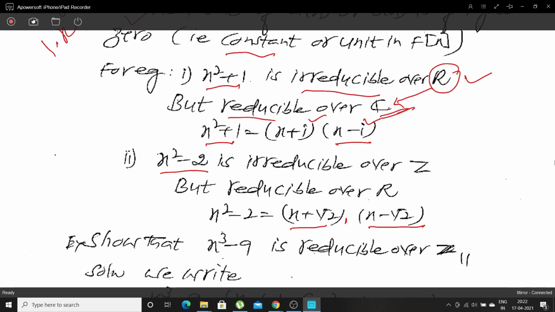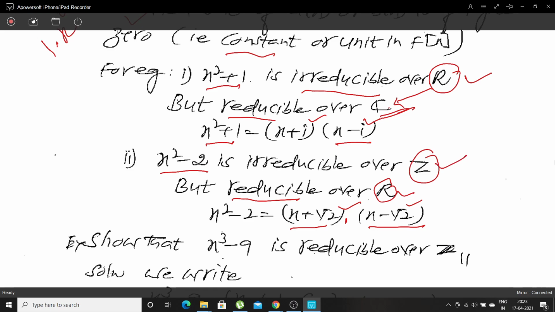Root 2 is what? It is irrational. That means it belongs to the set of real numbers. Therefore, this polynomial is reducible over real numbers but not over the set of integers, because here we can't replace x by any integer.